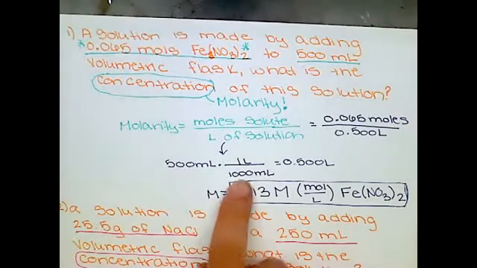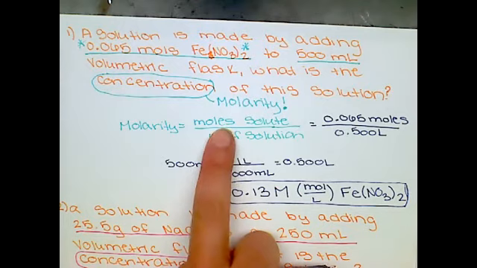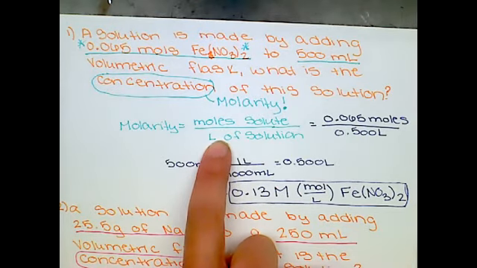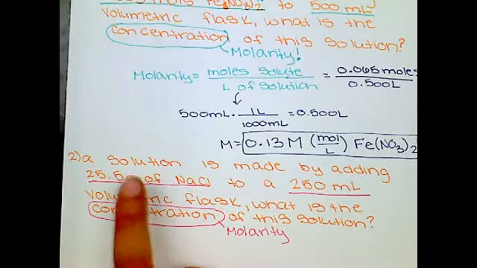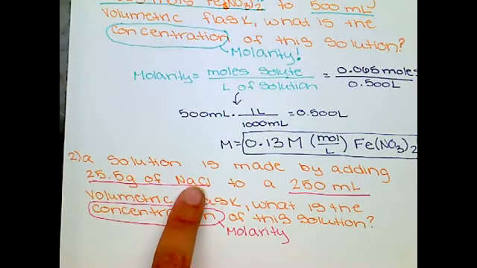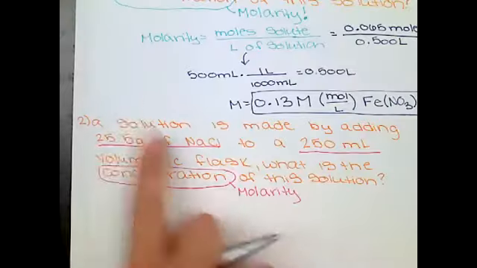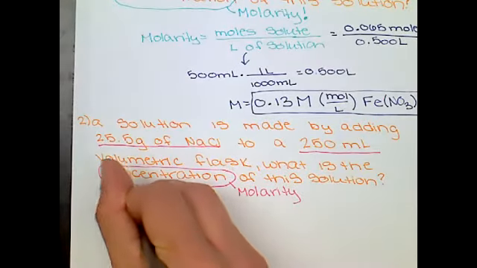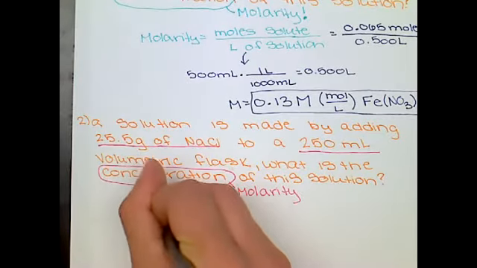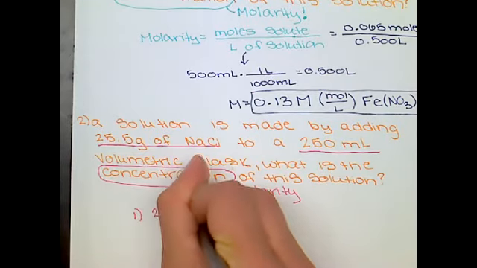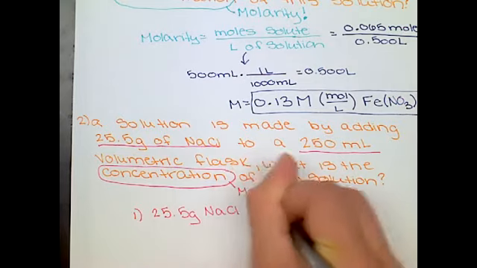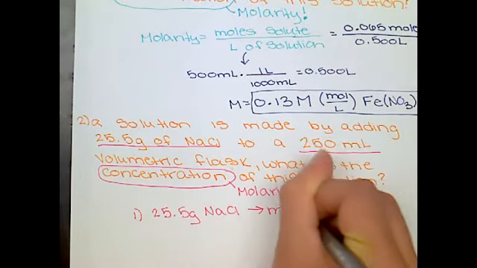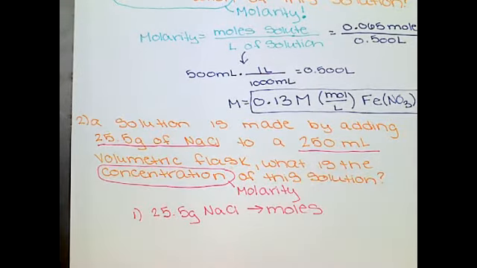Looking back at my equation, it is moles of solute over liters of solution. Well, in this problem, we're not given moles of solute. Our solute is what's dissolved, which is the sodium chloride. We're given grams. So the first step is to convert 25.5 grams of NaCl into moles so we can plug it into our equation.